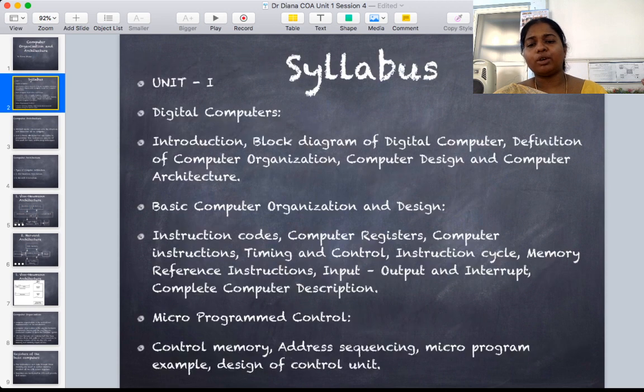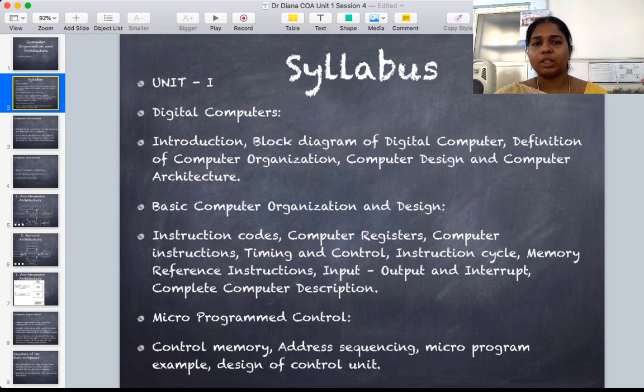When we look into your curriculum, we have the hardwired control unit in unit 1. This includes the design of a hardware circuit that can act as a hardwired control unit. That is what we call basic computer organization and design, under which we have the timing and control, instruction cycle and the complete computer description.